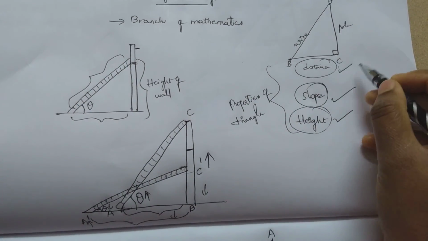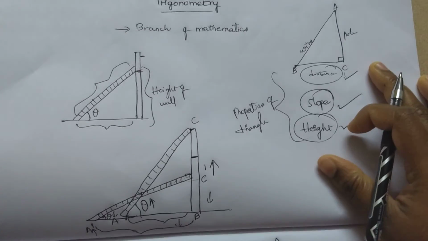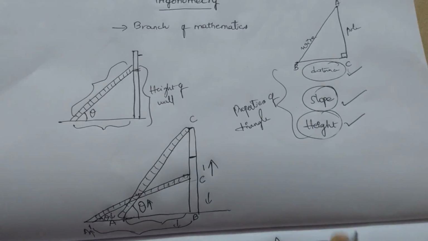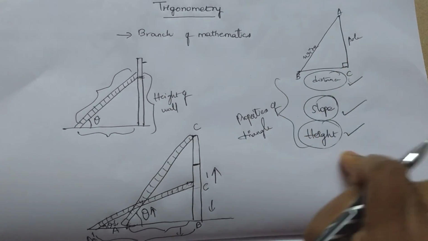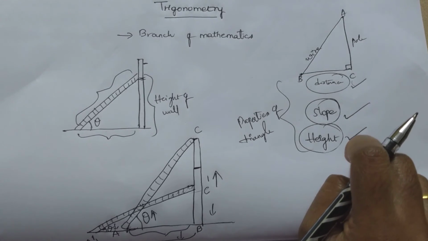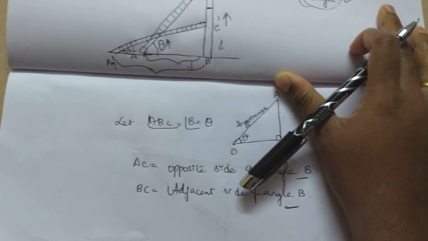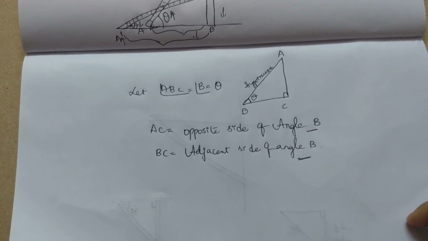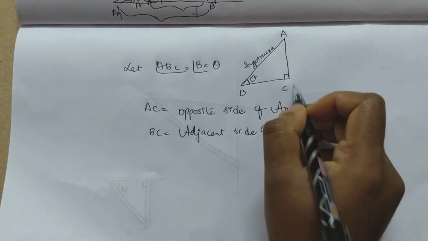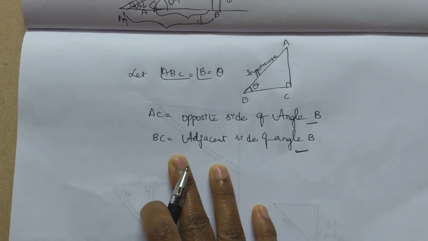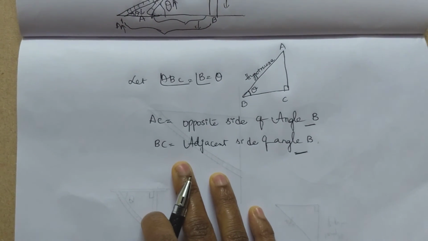So we have found out distance, slope and height problems. Such problems we solved in the previous chapters. Now in this trigonometry chapter, we are going to solve problems using the trigonometric ratios. What are the trigonometric ratios? We use them to understand the relationship between the angles and sides.